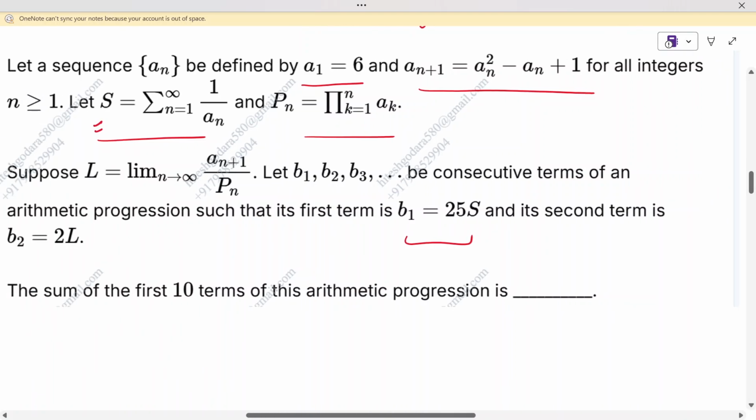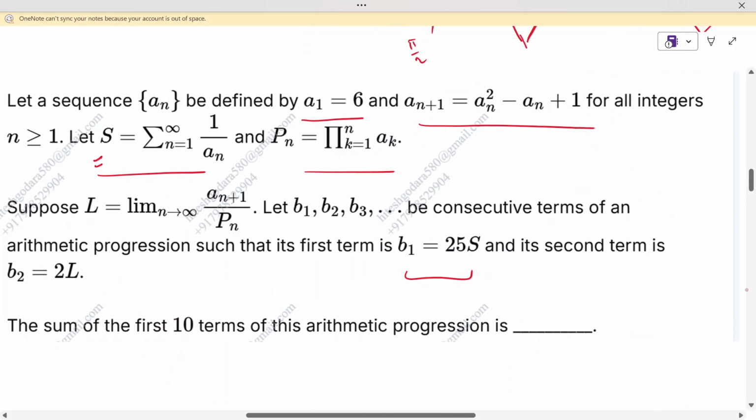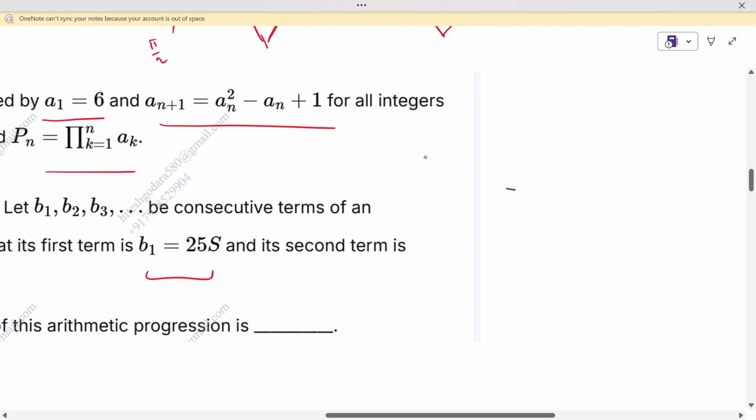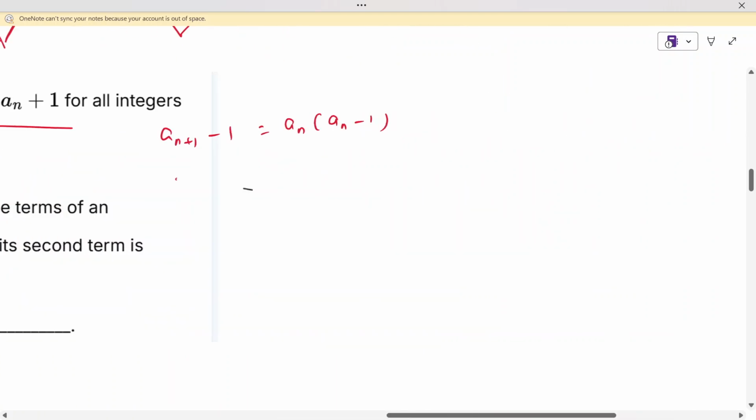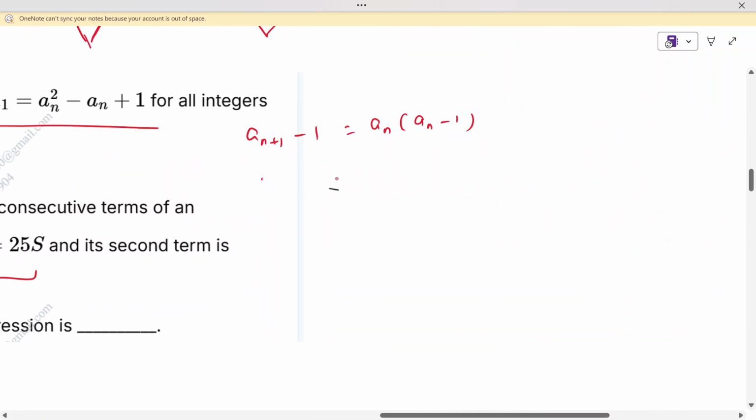First, let's try to understand this recurrence relation: An plus 1 equals An squared minus An plus 1. If I write it as An plus 1 minus 1 equals An into An minus 1, let's take the reciprocal on both sides, because we define the sum of 1 by An, 1 by A1, 1 by A2. This is one way to calculate it.